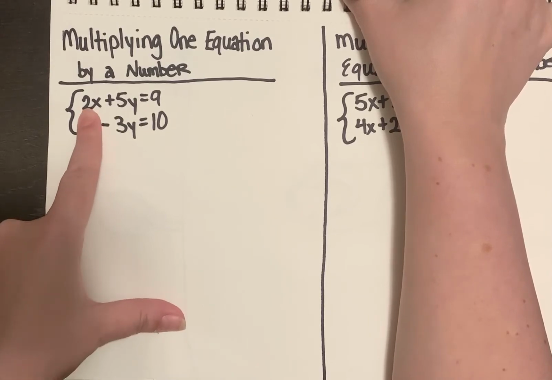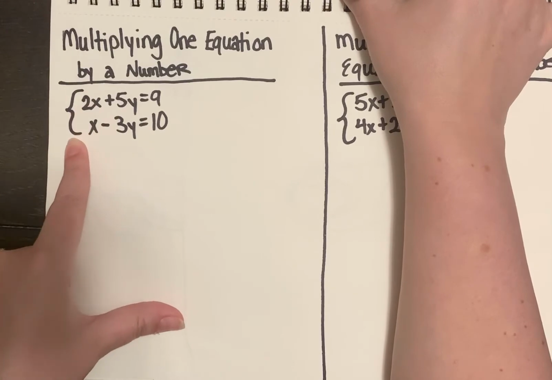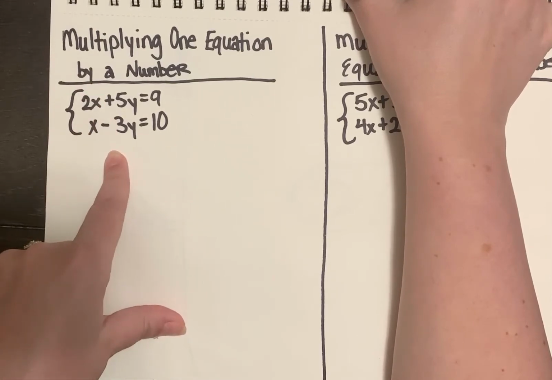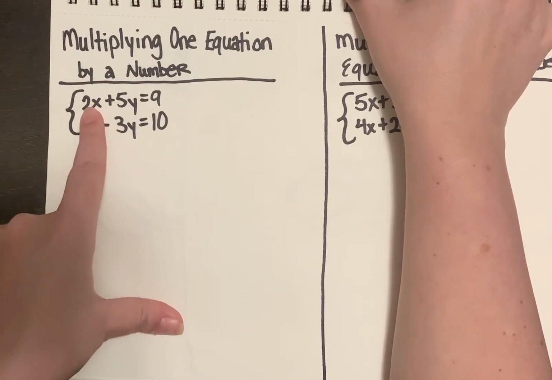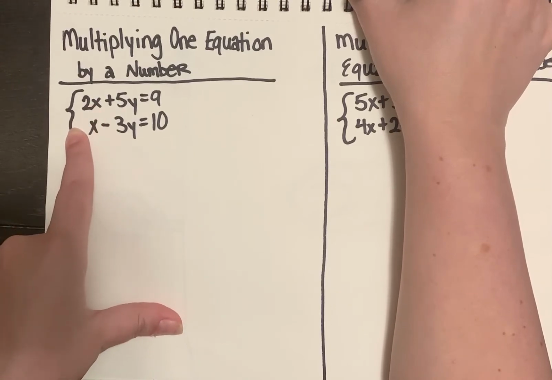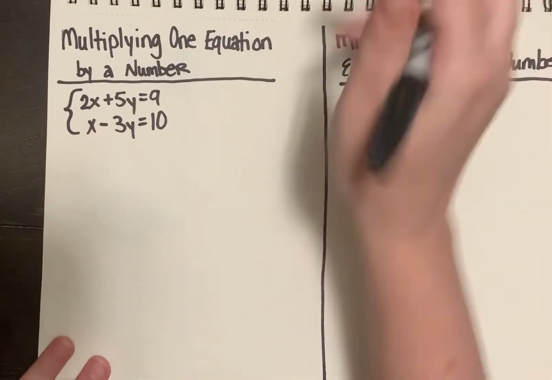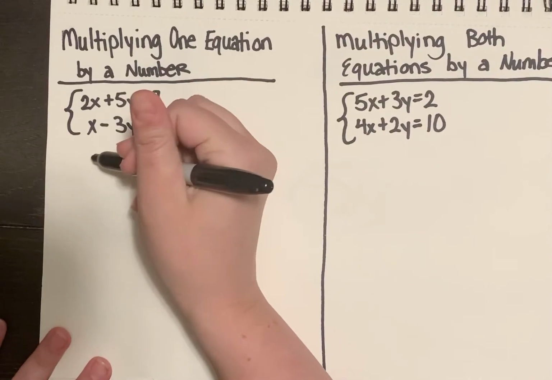If I multiplied by a number, I would work with x and try to get this x to a 2, and then to eliminate them, it would have to be multiplying not just by positive 2, but by negative 2. So I'm going to multiply the second equation by negative 2. You'll see what I mean.